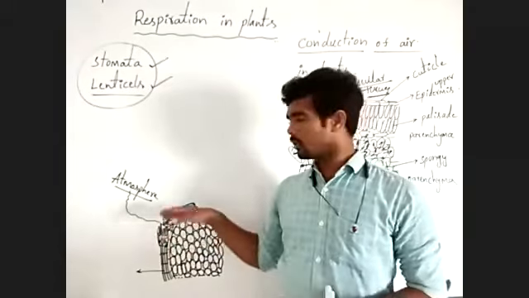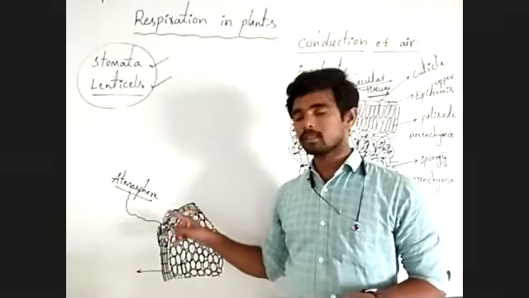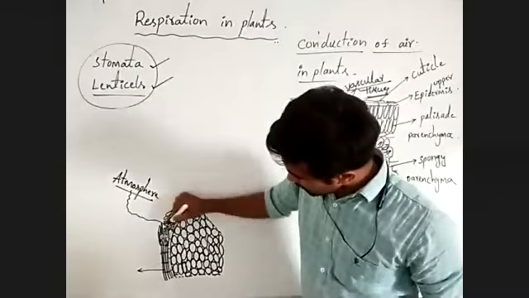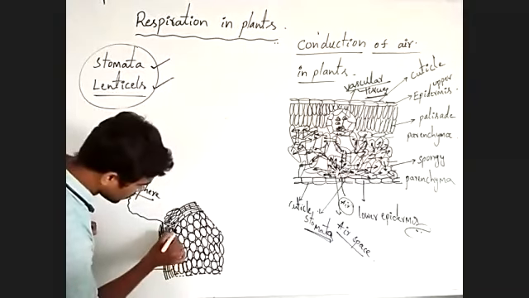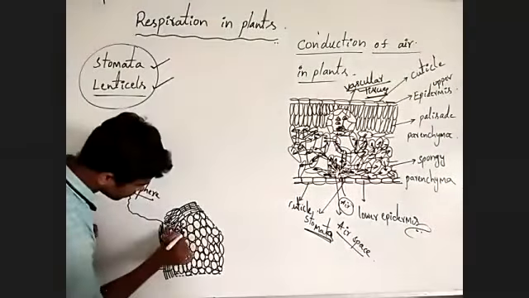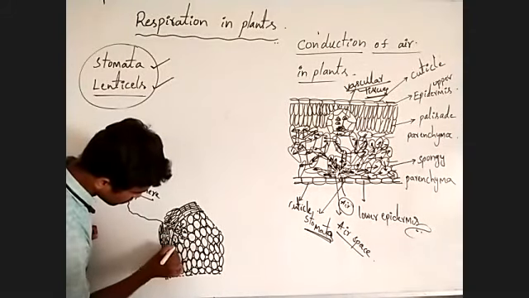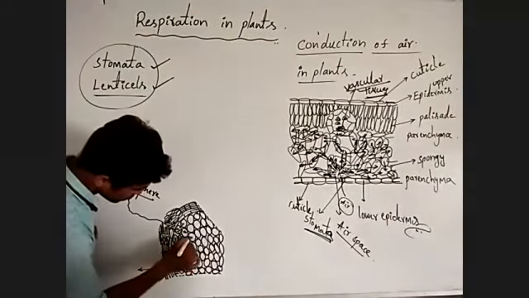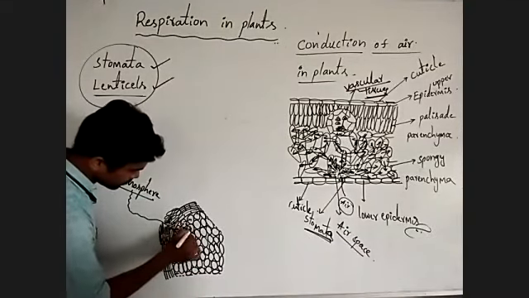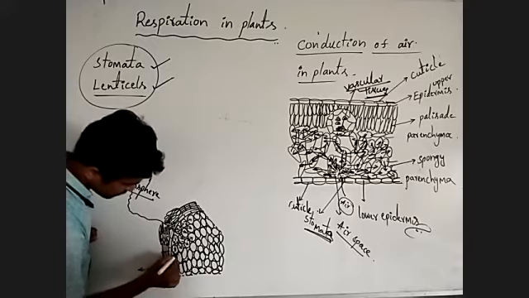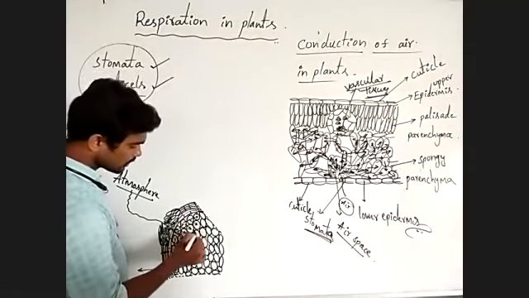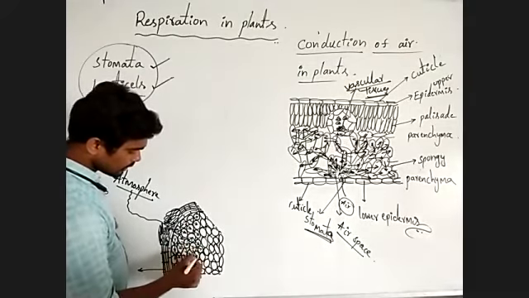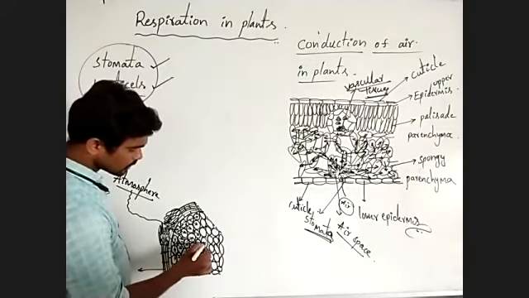From that water, oxygen is diffused to each and every cell of the stem, like this.